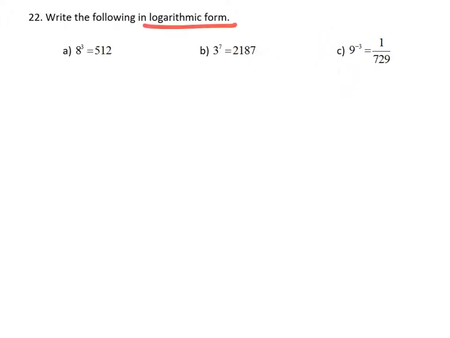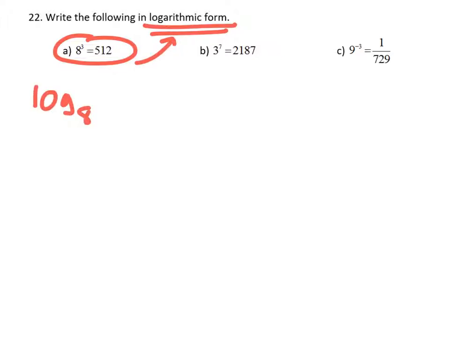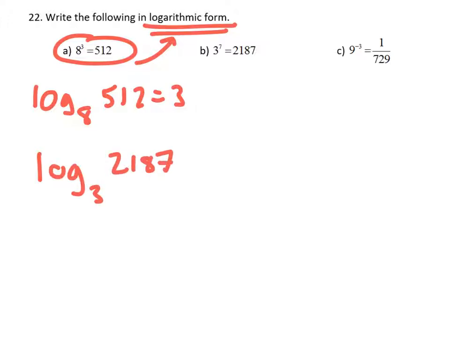This is really just moving it from one format to another. This is called exponential format, and we want to change it to logarithmic. So if the base is 8, this is where the base goes, the answer, and then the exponent. In the second case, the base is a 3, the answer is 2,187, and the exponent is 7.